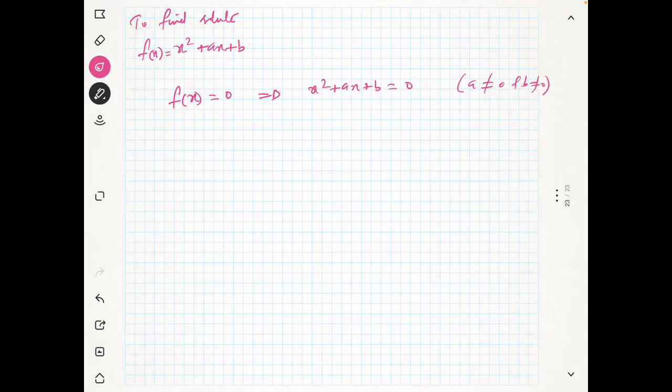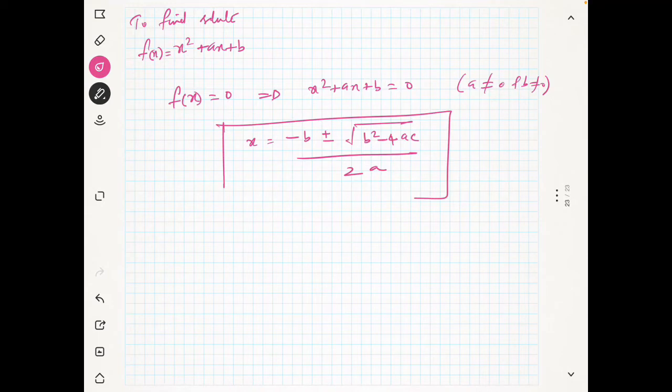Okay, in this case I can find the value of x is equal to minus b plus or minus square root of b square minus 4 into a into c, whole divided by 2a. You see here that I can solve this equation directly by using some technique. Okay, this is my direct solution. But this kind of solution is not always possible. Suppose you have a very complicated equation, then it's not possible. So this kind of method is known as the direct method.